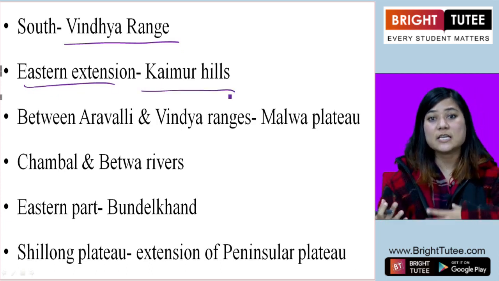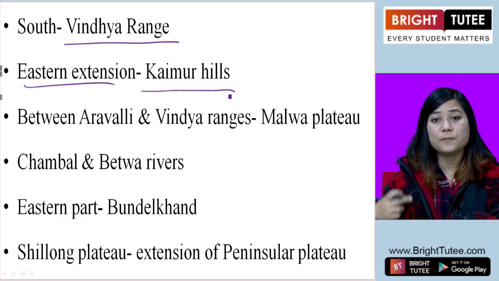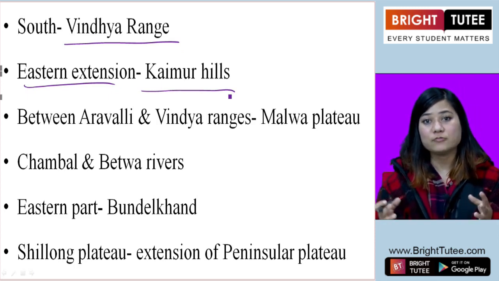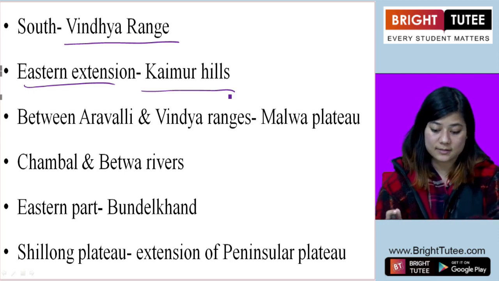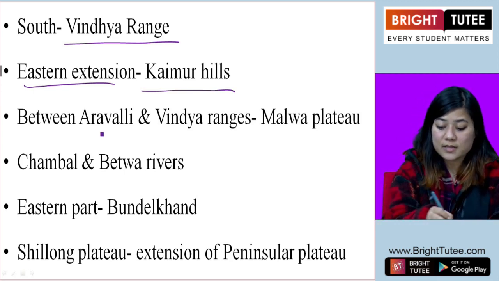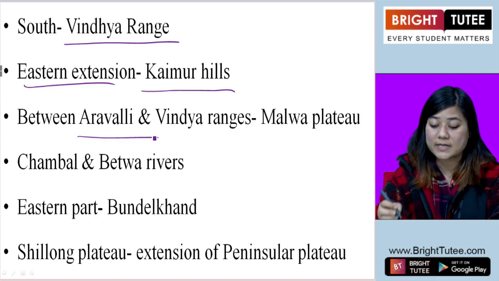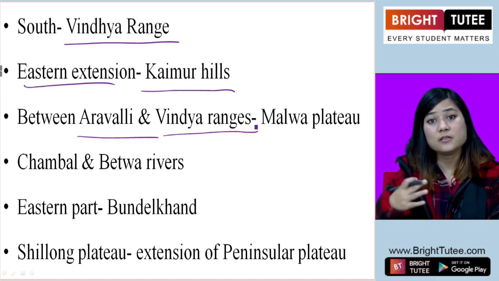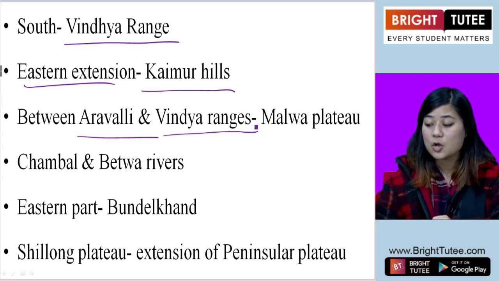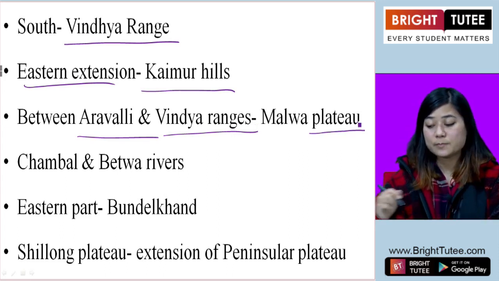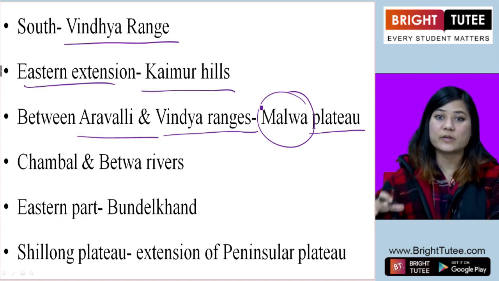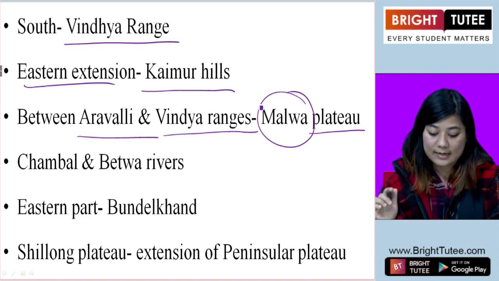So as you can see, there are different kinds of ranges of hills which are acting as boundaries to the Central Highlands. Okay. Now between the Aravalli in the northwest and the Vindhya ranges in the south, there is another kind of land formation which is a plateau, and this plateau is called Malwa Plateau, and this is also located in the Central Highlands.